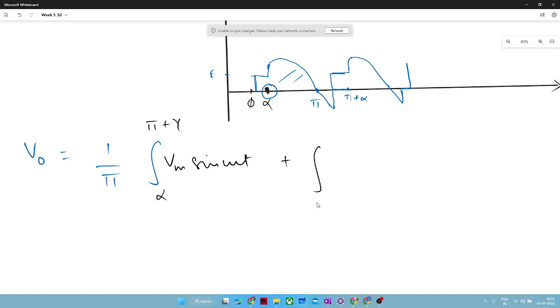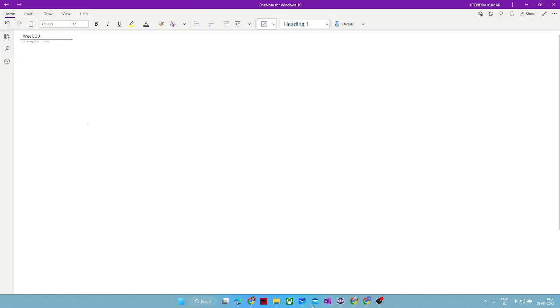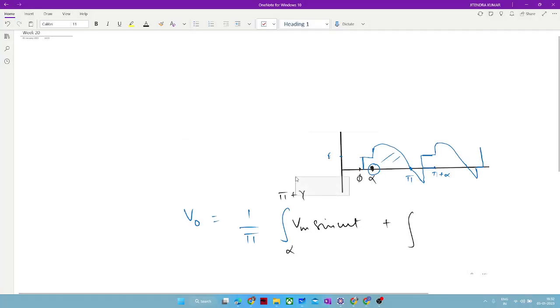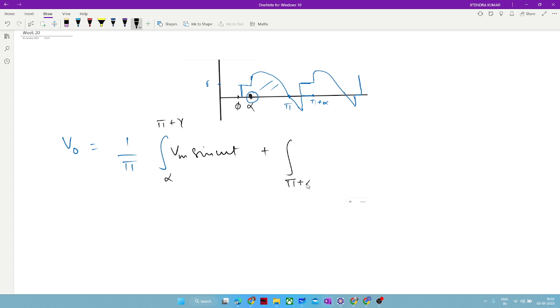From pi plus gamma to pi plus alpha, it will be E into d omega t.